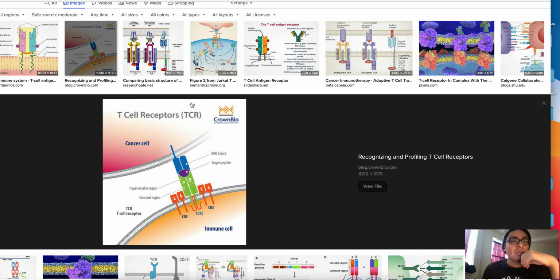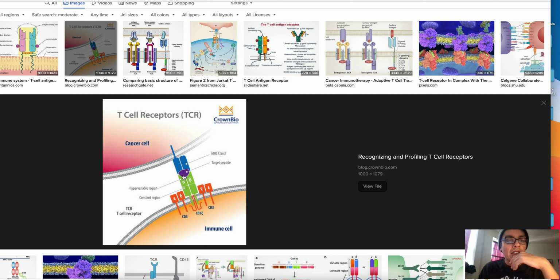T cell receptors are used so that they can differentiate between sick and healthy cells, in the case of cytotoxic cells, right? Because cytotoxic cells attack things like cancer cells. They can use the T cell receptor to determine, from their MHC class 1s, whether the cell is a cancer cell, because they look at the target peptide and see if there have been mutations to it, and they will then destroy the cell based on that, right?